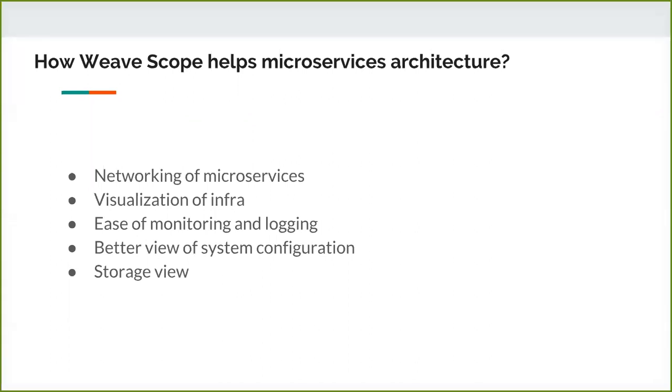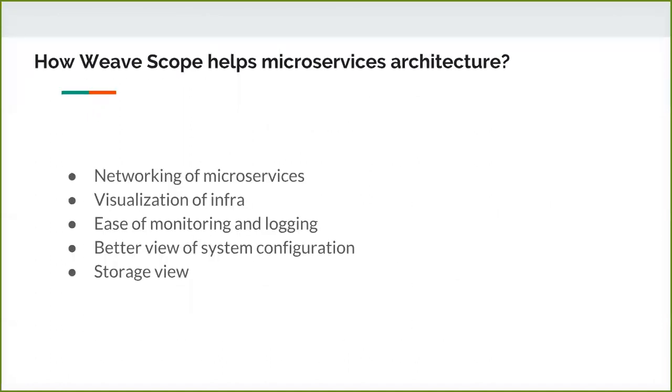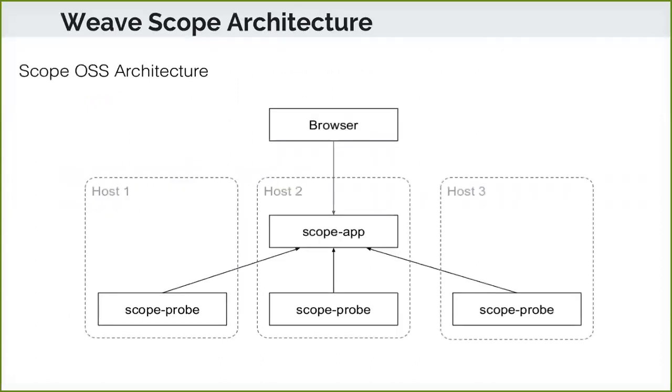The main feature I'm going to talk about is storage view, how we are showing the OpenEBS pods in WeaveScope, and how you can actually see the configuration of those OpenEBS pods. Okay. So that's about the problems which WeaveScope solves for the microservices architecture.